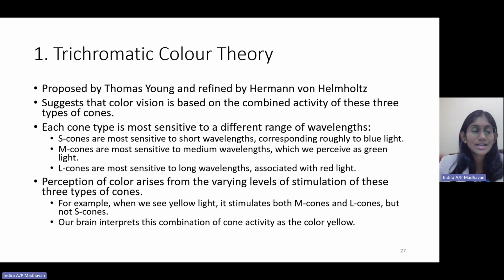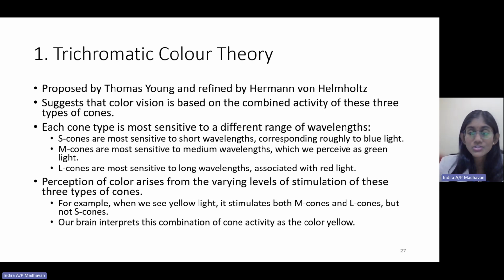Each type of cone is more sensitive to a different range of wavelengths. S cones are more sensitive to short wavelengths, corresponding roughly to blue light, while M cones are more sensitive to medium wavelengths, which we perceive as green light, and L cones are more sensitive to long wavelengths associated with red light.